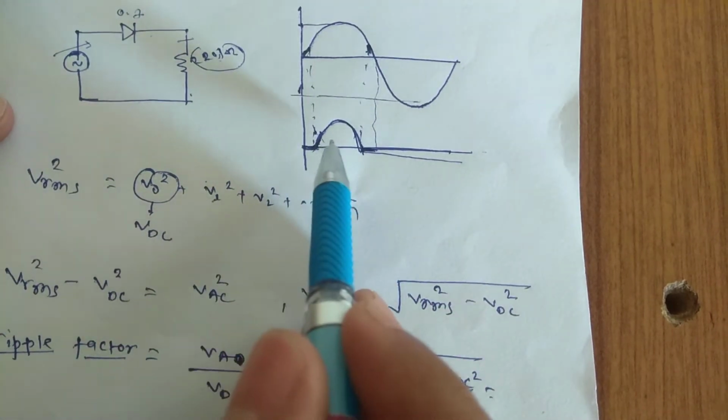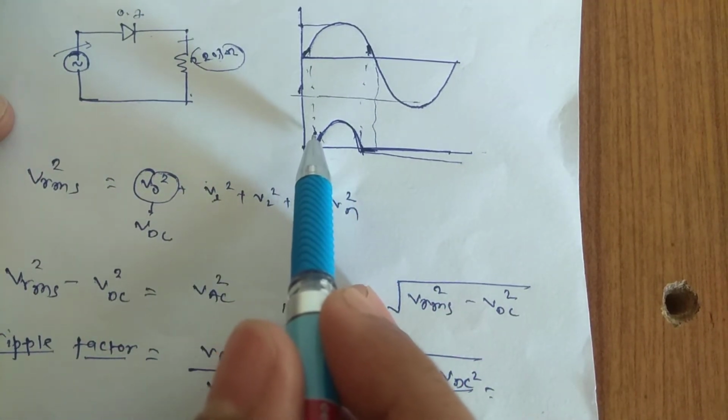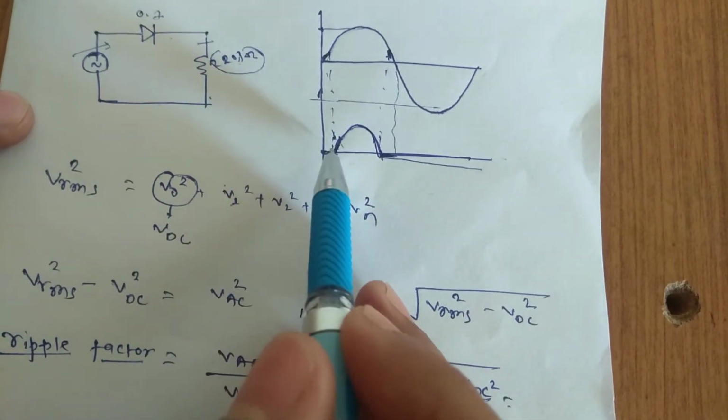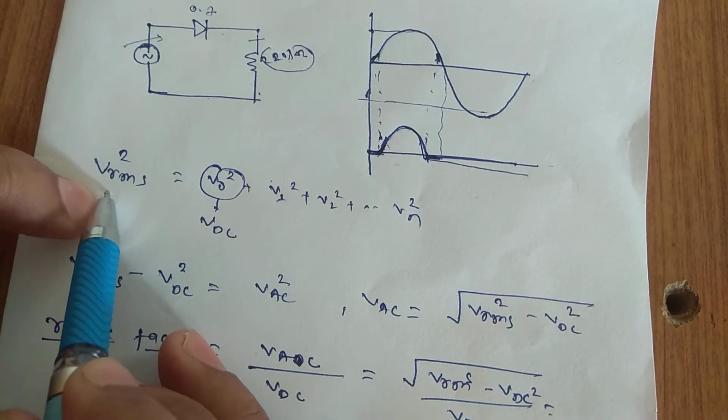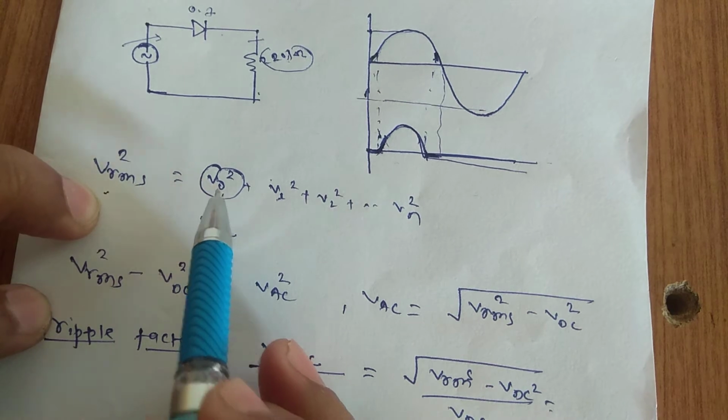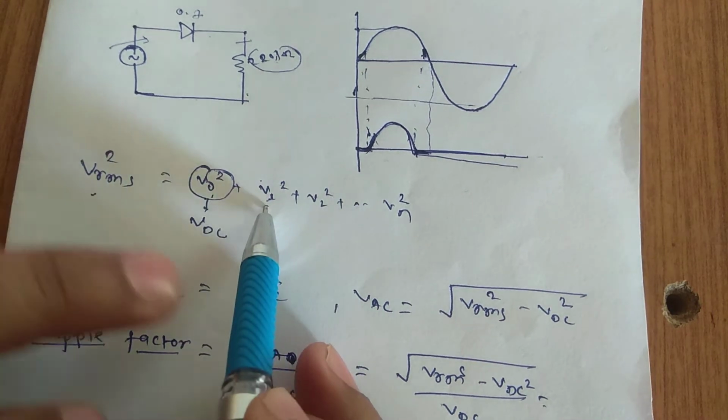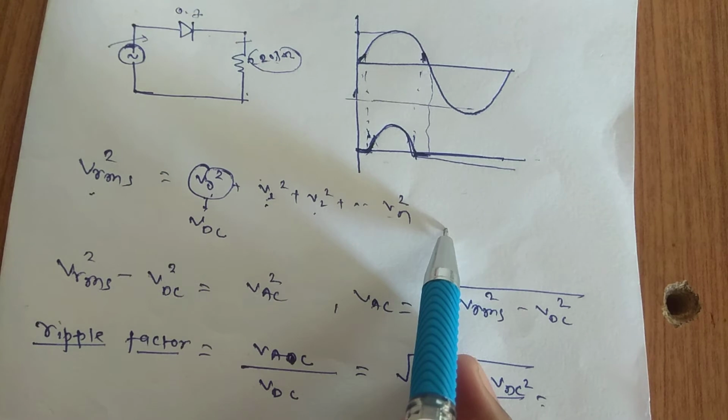Now if you calculate the VRMS, the root mean square value of this output voltage, VRMS will be the V0 component, the zeroth component, the first harmonic, the second harmonic, and so on till the nth harmonic.